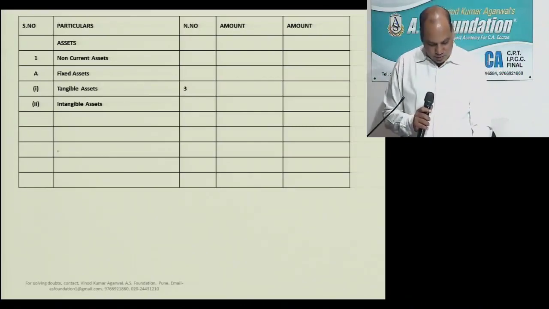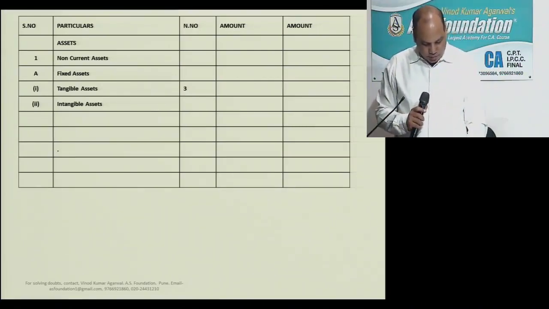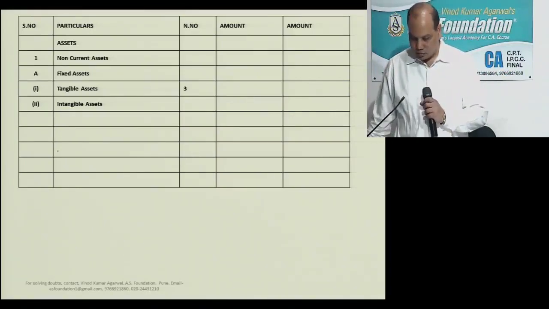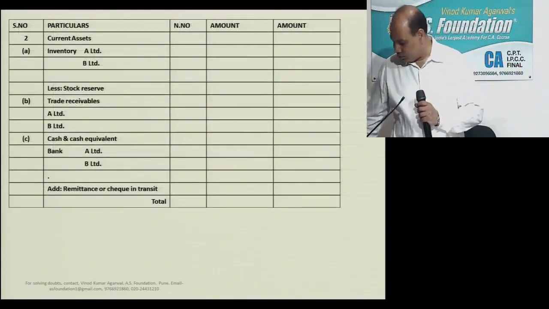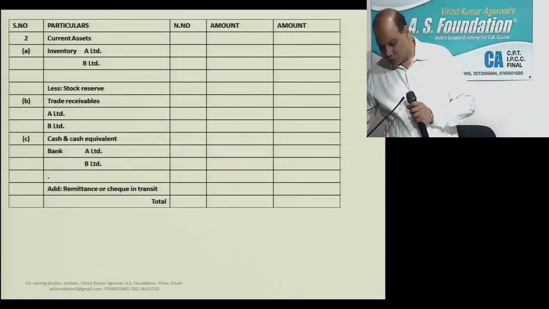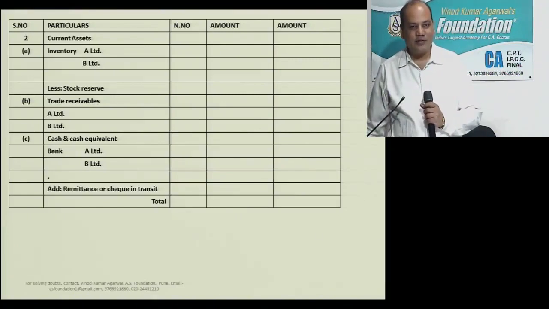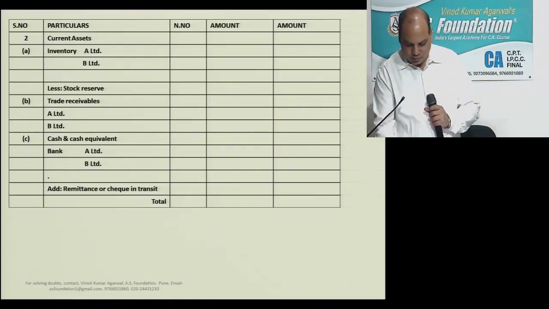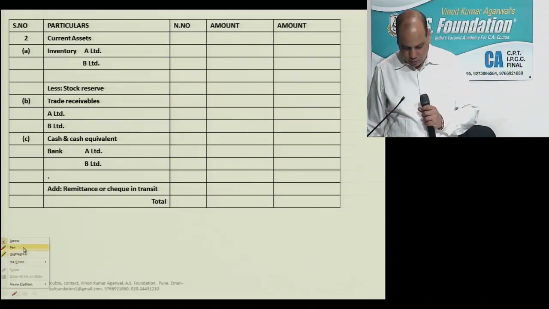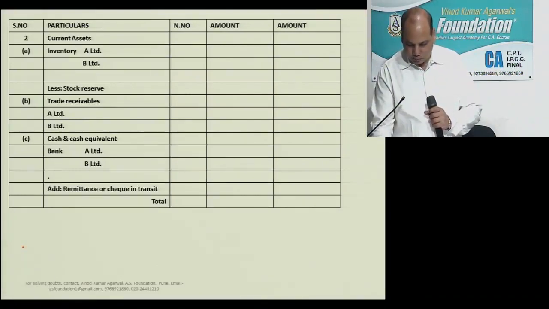Now do not disturb. Stock you have written in balance sheet, just check. Come to balance sheet, asset side. Write down inventory. A limited inventory is 2,70,000.